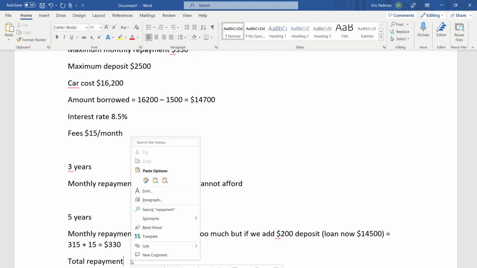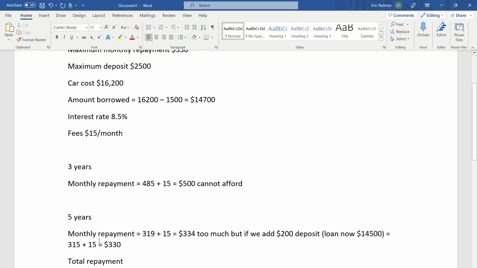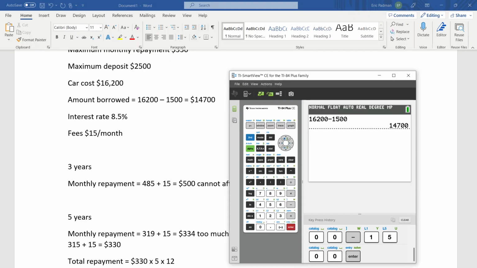Now, how do we work out the total repayment? We're going to take these monthly repayments, 330, and we're paying it back for 5 years. So you're paying 330 per month, and let's have a look what happens. We do 330 times 5 times 12.